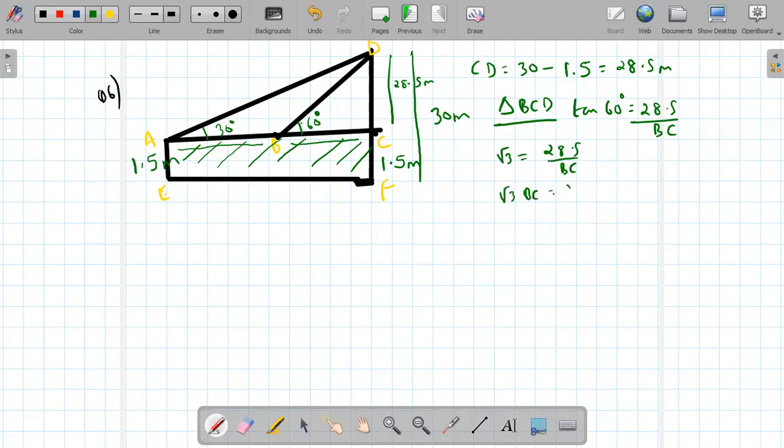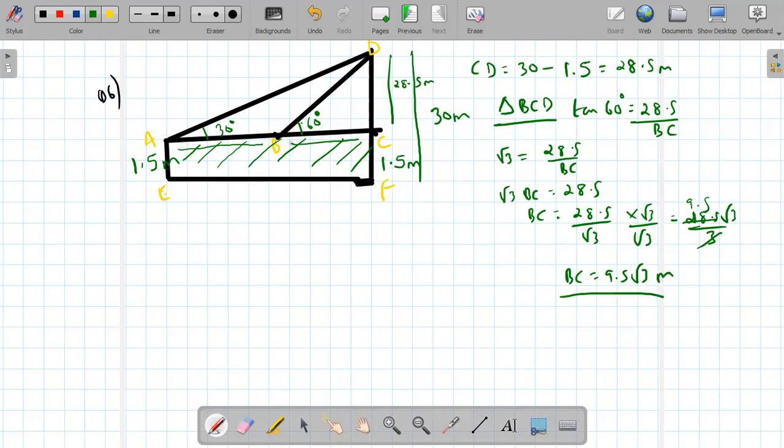Cross multiply. So we get the value of BC as 28.5 upon root 3, which we can rationalize. We get 28.5 root 3 divided by 3. So the value of BC is 9.5 root 3 meters. So this distance we have found out as 9.5 root 3.